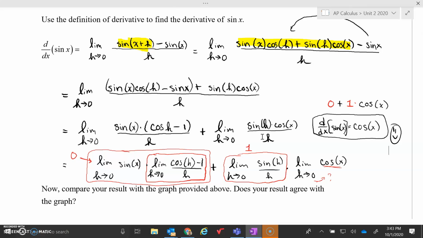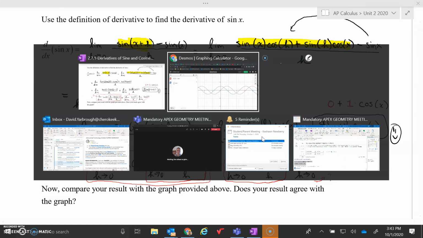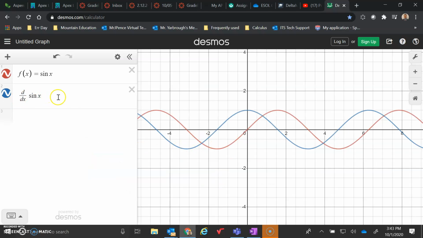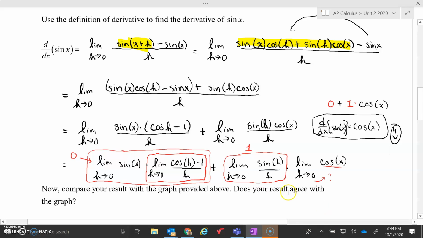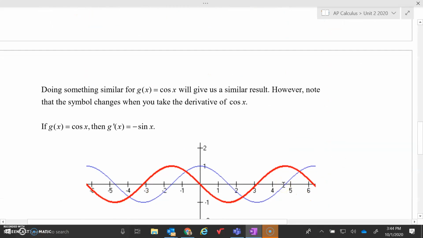Now, if we compare our answers on Desmos, and instead of graphing the derivative of sine x, if we actually just graph, let's say g of x equals cosine x, you'll notice that the blue and the green graph were the exact same graph. All right, so we kind of verified what was going on there.